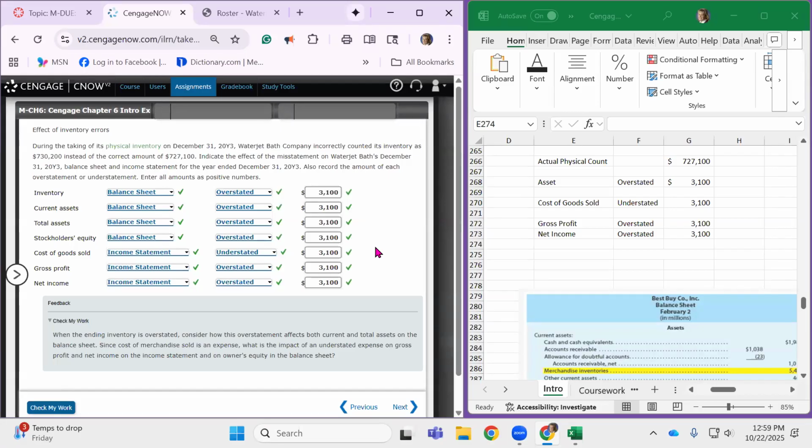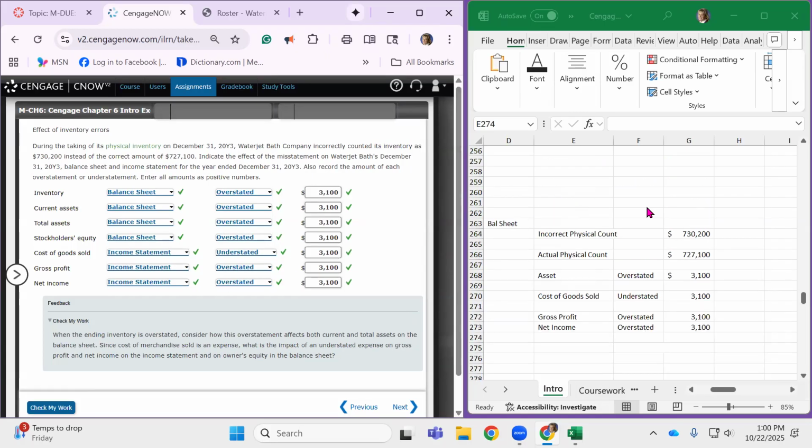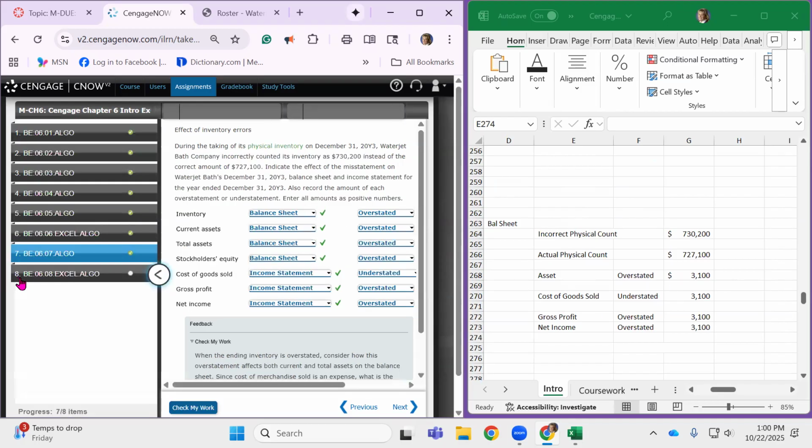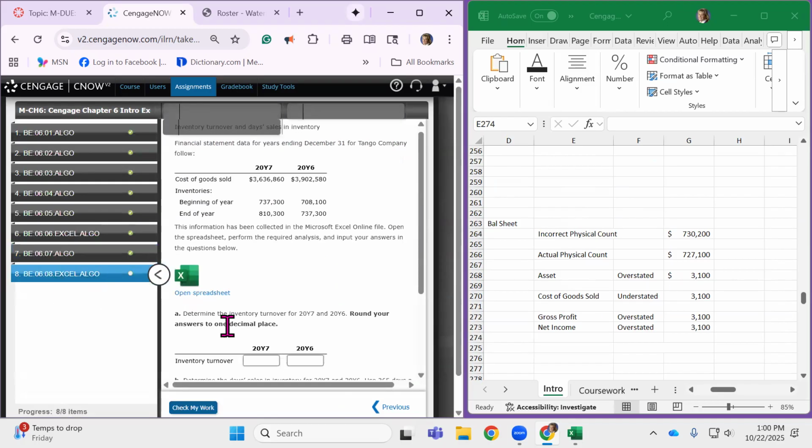One misstep. The actual count was this, and we counted it for more than that. So all that from one little error of $3,100. Okay, last one, we'll call it good.